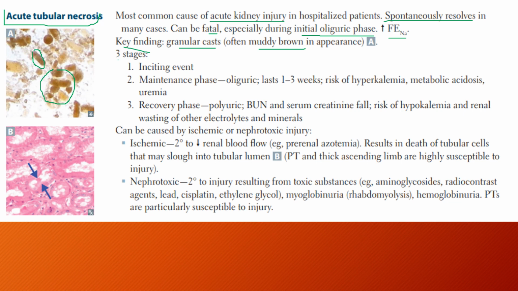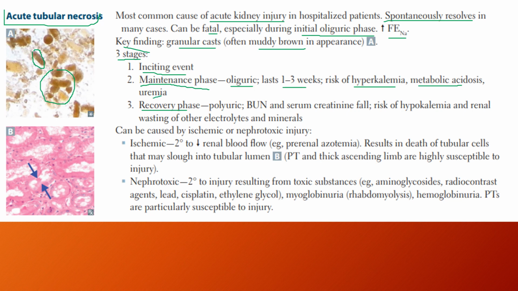There are 3 stages of the disease. First is the inciting event. Second is the maintenance phase. Third is the recovery phase. In the maintenance phase, it could be oliguric, lasting 1 to 3 weeks, with risks of hyperkalemia, metabolic acidosis, and uremia.